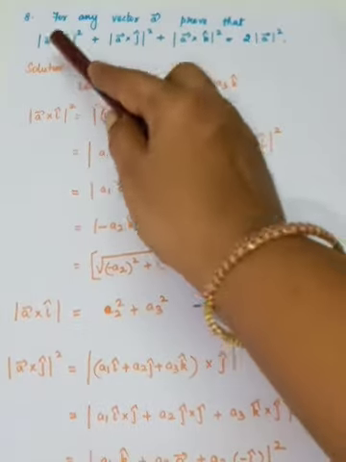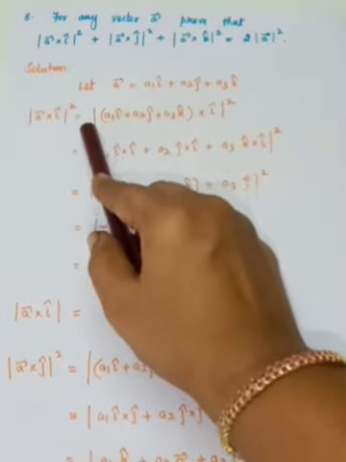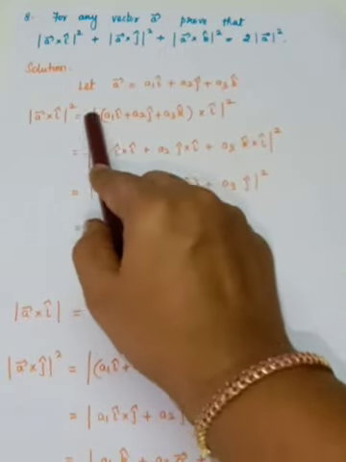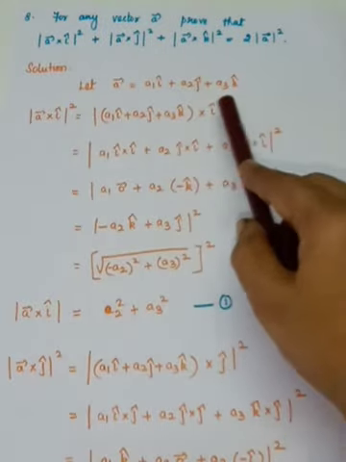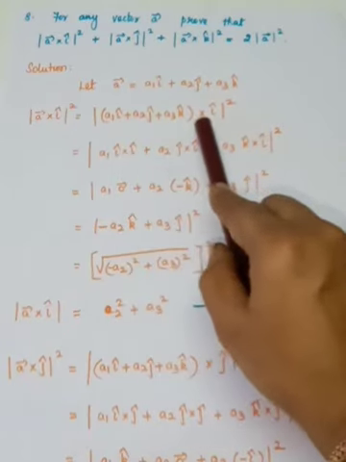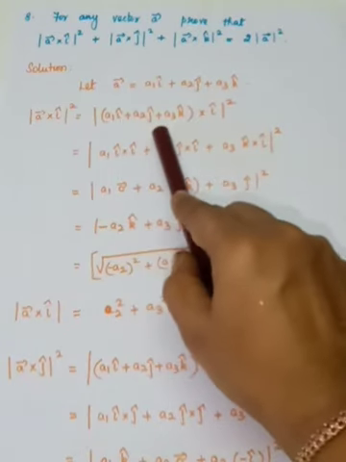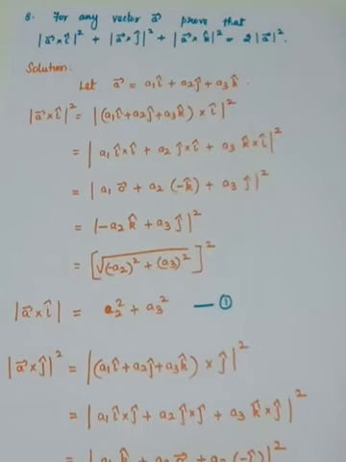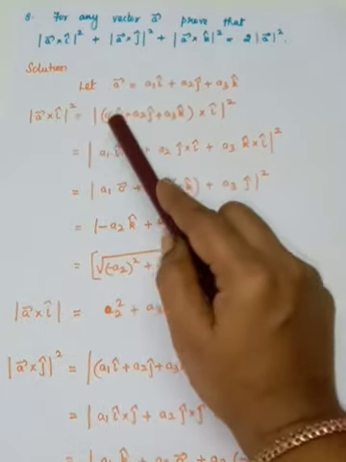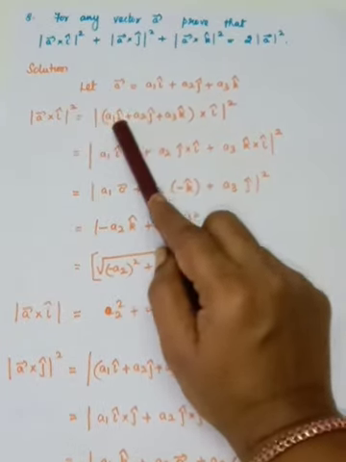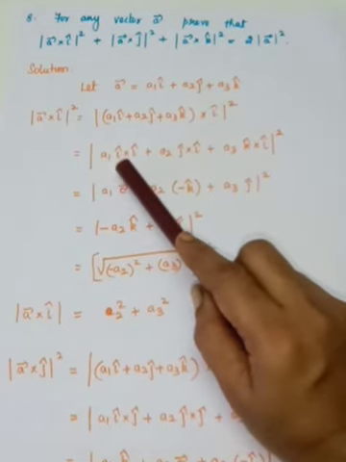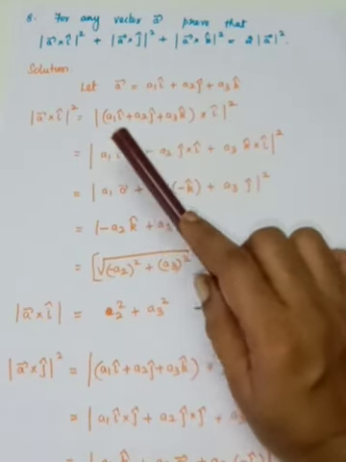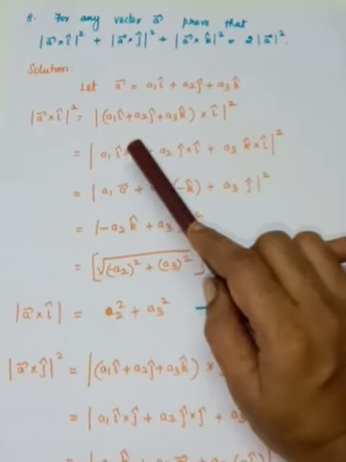Okay, take the first result. It is written within the modulus. In the place of a vector, I have written this cross i cap the whole square. It is a vector product here, and here you are having plus. So the vector product is distributive over addition. Take the first vector: a1 i cap cross i cap. a1, a2 and a3, the coefficients, are constants.